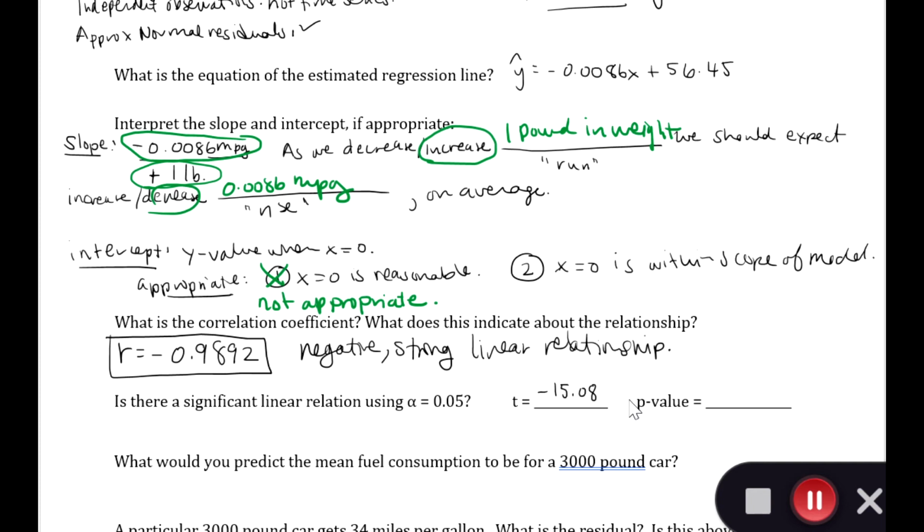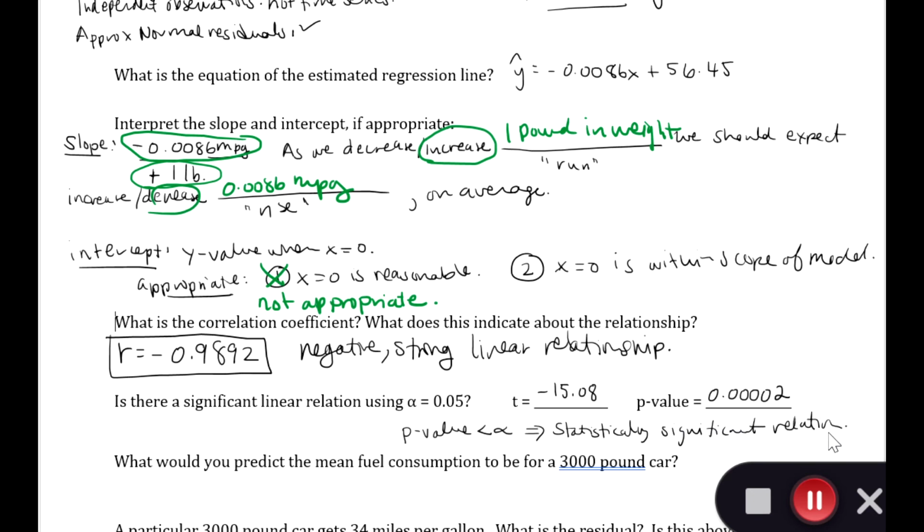And my p-value for this was 0.00012342. Okay, so you want to compare this p-value to your alpha, and my p-value is less than my alpha, so we have a statistically significant relationship.